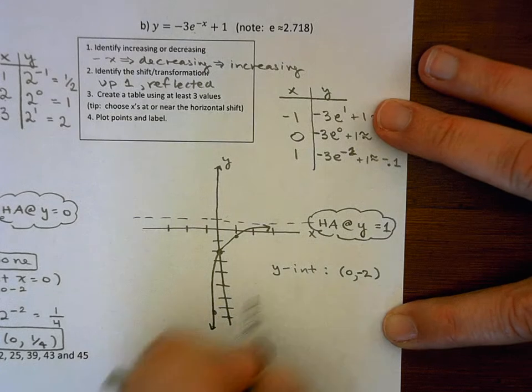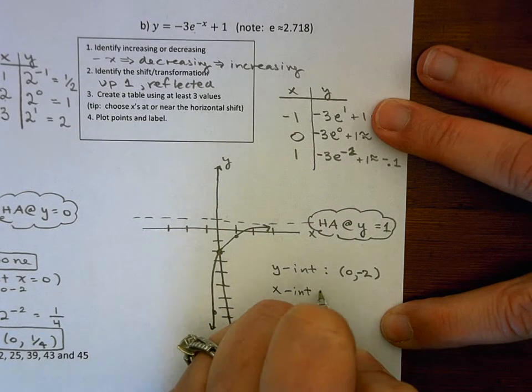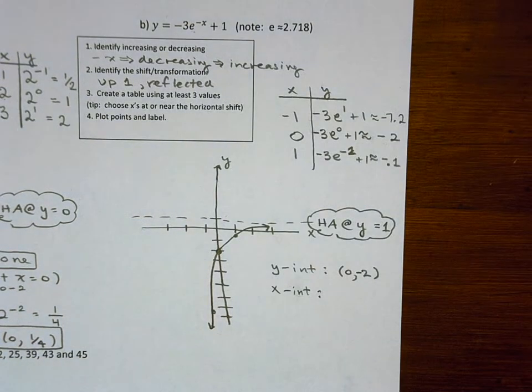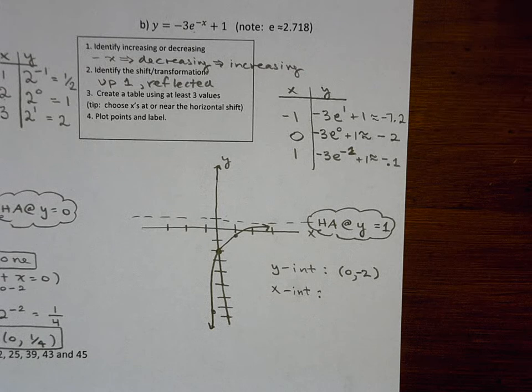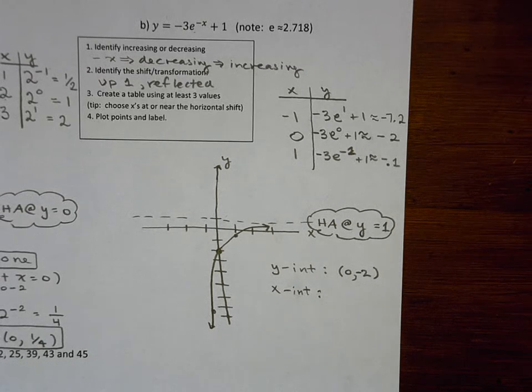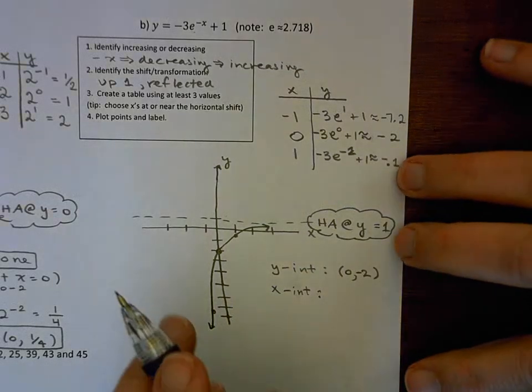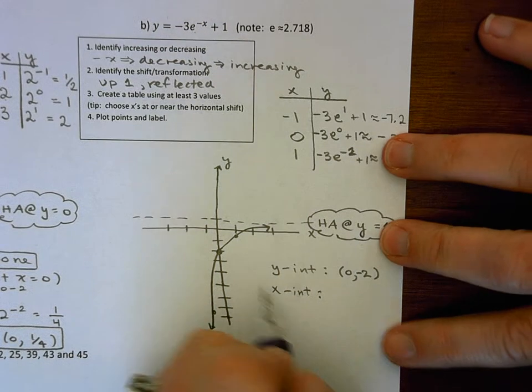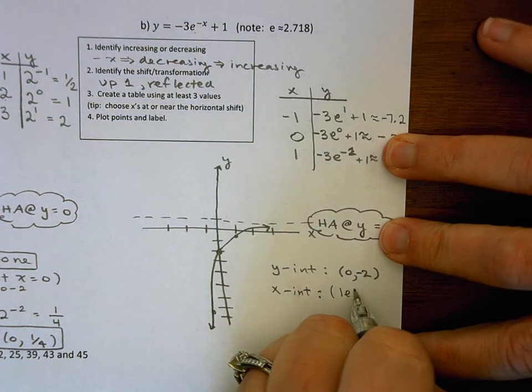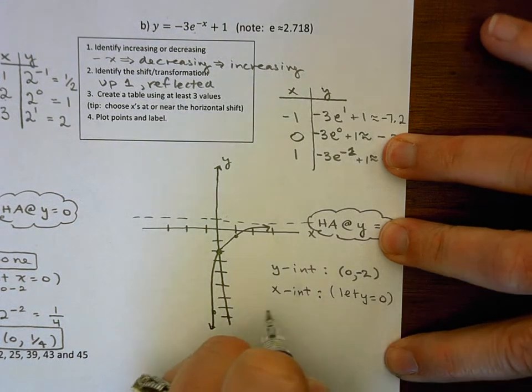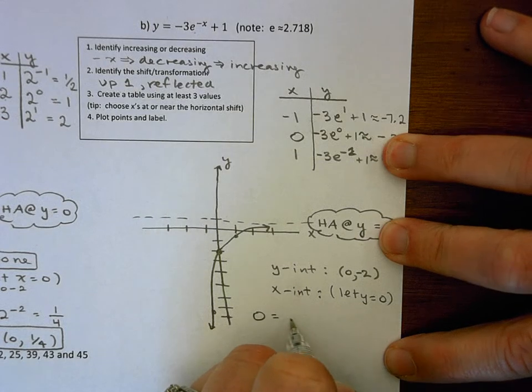And then for my x-intercept, and this one's going to be a little bit tougher because we haven't gone over our logs, and so we're just going to solve up to a certain point here. So I do know to find my x-intercept, that's when I let y equal 0. So I'm going to replace my y value with 0.